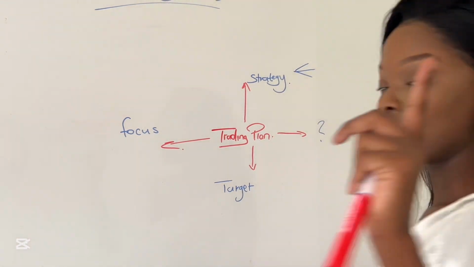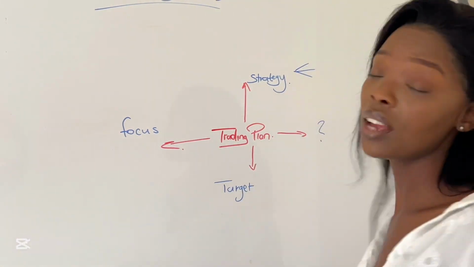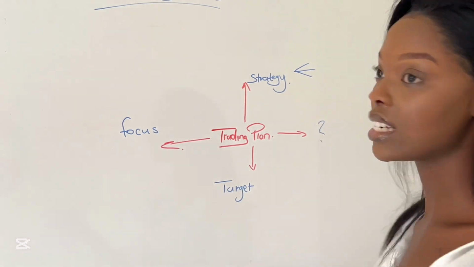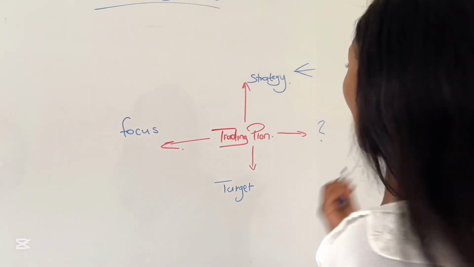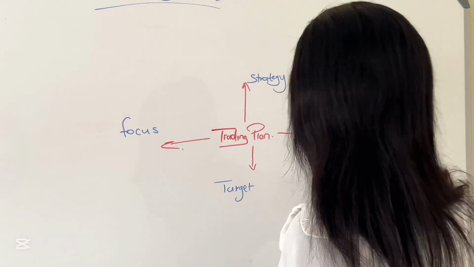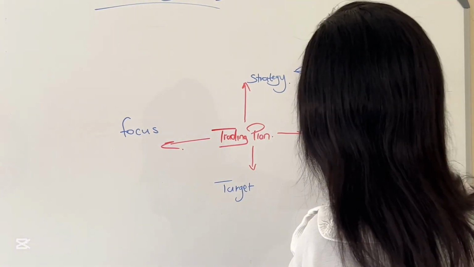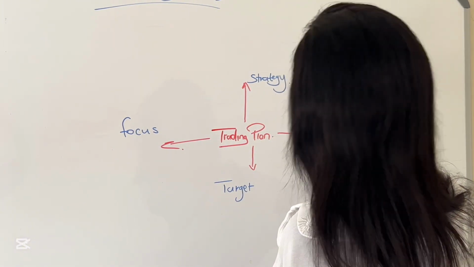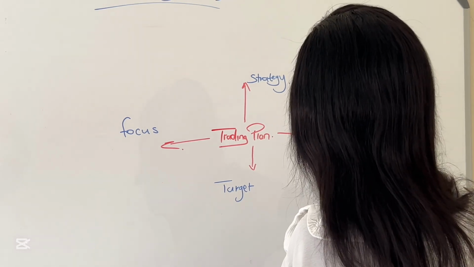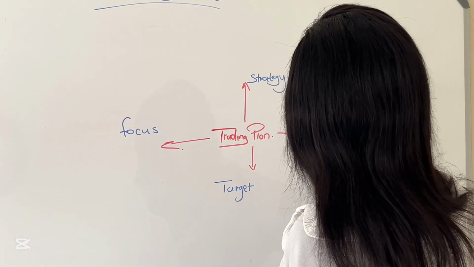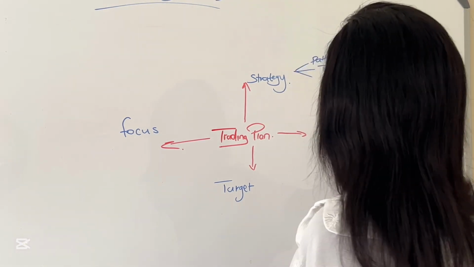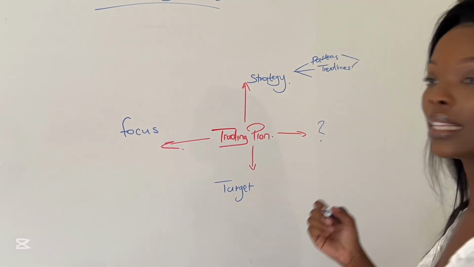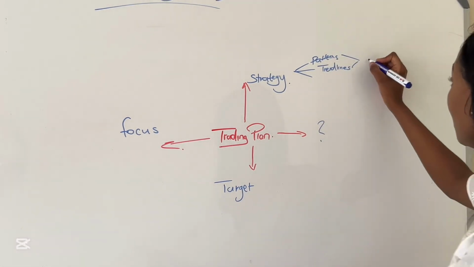So guys, strategy. We have different strategies. You need to find a strategy that works for you. We have patterns. We have trend lines, which fall under price action.